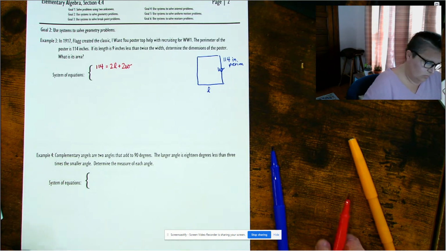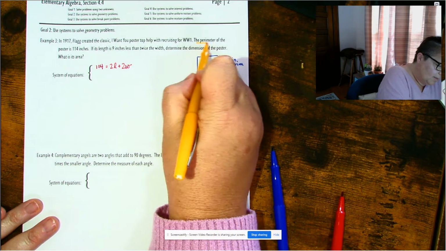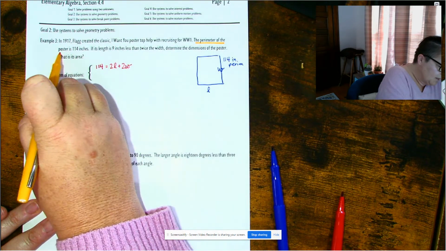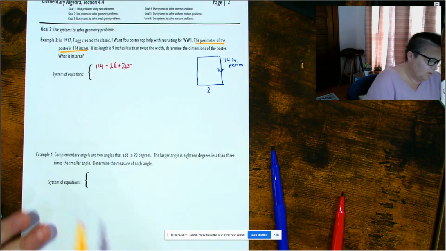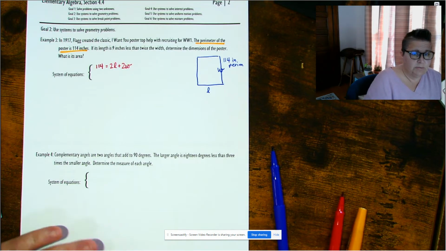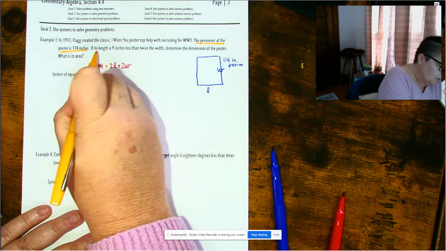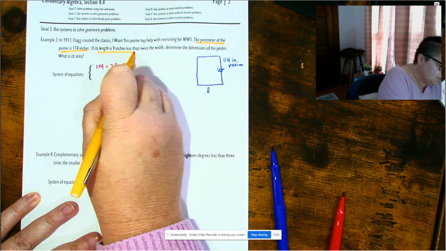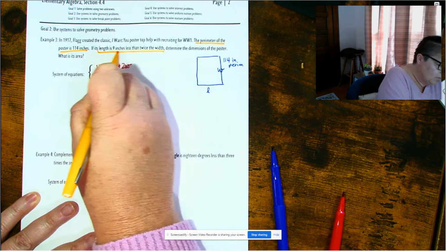We also know, where did I get that from? This first sentence. Perimeter is 114. So 114 is 2 L's plus 2 W's. The length is 9 inches less than twice the width.